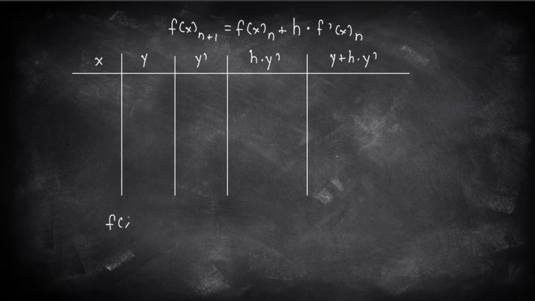Let's say we're given a derivative f prime of x is equal to 3x squared minus 5x plus 1, and you're given the point f of 0 is equal to 1, and you want to find f of 0.5. Okay, so let's choose a stepping size.